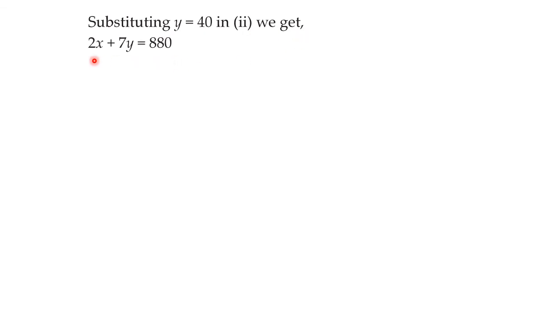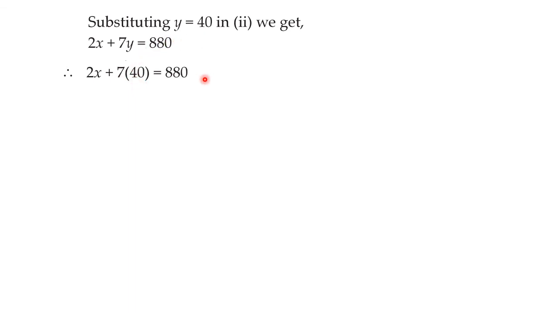This is our equation 2: 2x plus 7y is equal to 880. So in place of y we are substituting 40, remaining terms as it is. 2x plus 7 inside the bracket 40 is equal to 880. So see here, 7 fours are 28, so 7 into 40 will be 280.